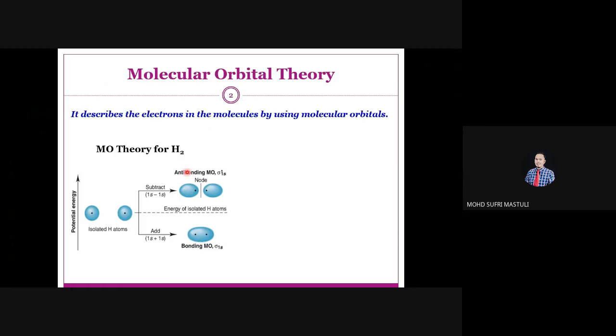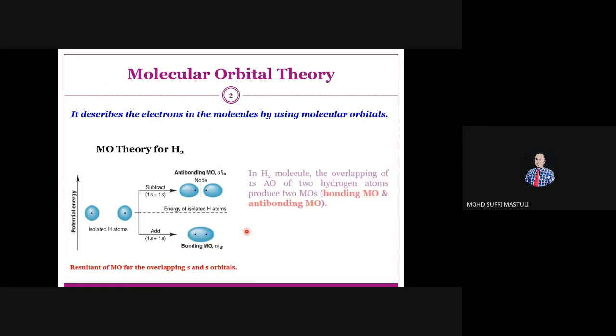So we start to discuss molecular orbital theory using the simplest molecule. As you can see here, in the hydrogen molecule, the overlapping of a 1s atomic orbital with a 1s atomic orbital produces two molecular orbitals, the bonding molecular orbital and the anti-bonding molecular orbital.